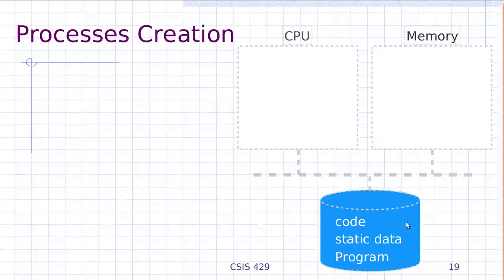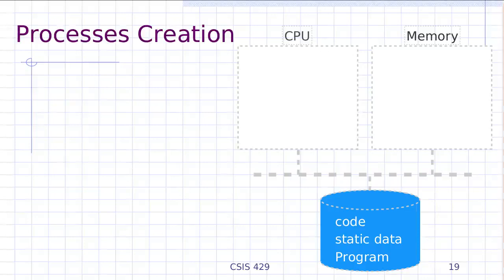So once again, a program is code and some static data that's sitting on a disk. And the operating system breathes life into this program and has it running. It loads it into memory and uses the CPU to actually run this program.